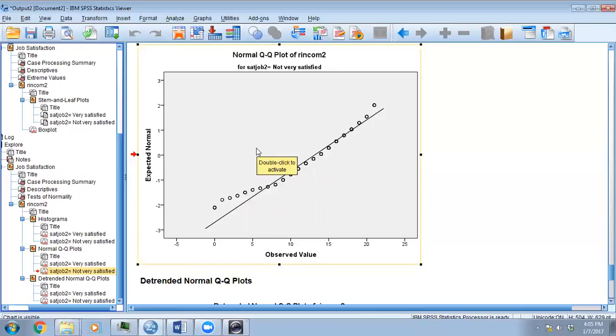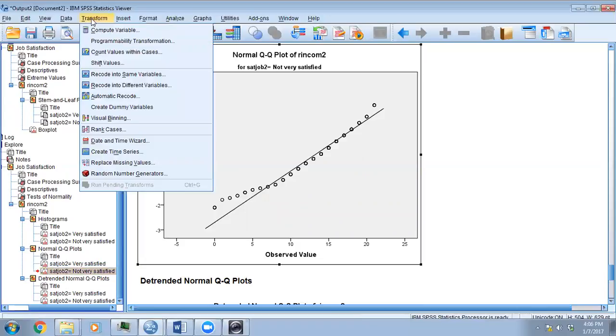You take the reflection, which means you find the highest value for the dependent variable in the data set in all the groups, add 1 to it, and subtract all other values from this value. In a way, you're converting negative skewness into positive skewness and taking the square root. So we're going to do that here.